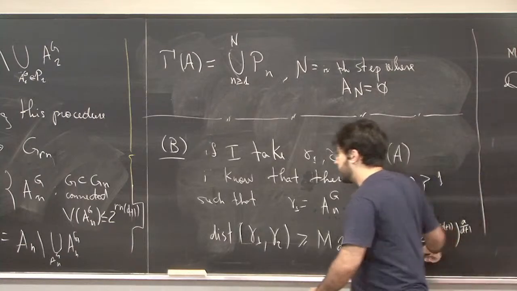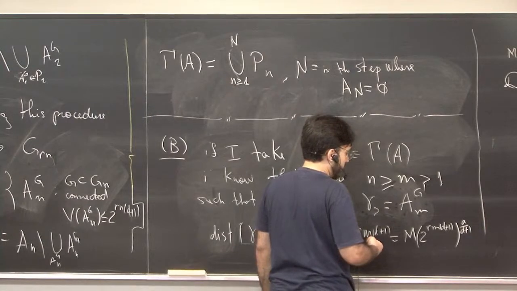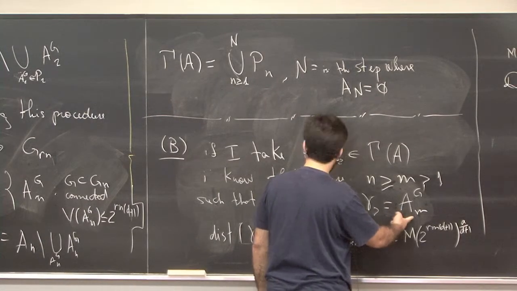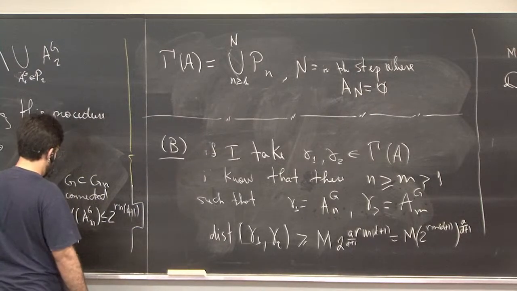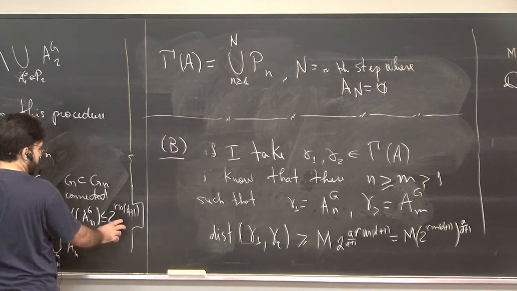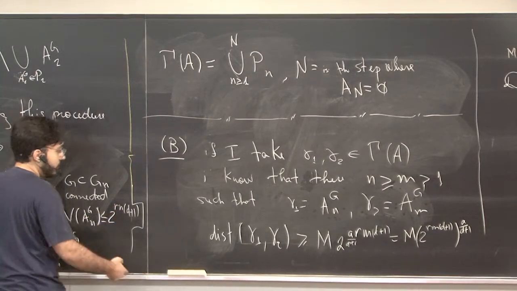But then again, since this component was subtracted in the scale m, I know that its volume is less than this, 2rm d plus 1.